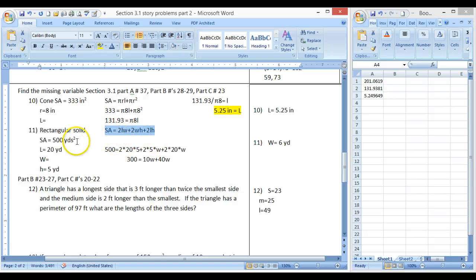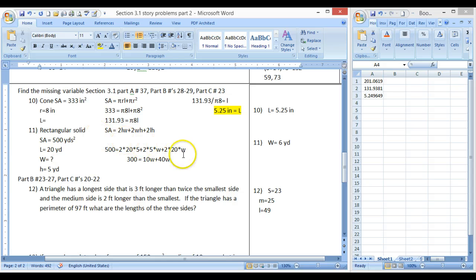I was also given the length of 20 yards and a height of 5 yards. The missing variable is the width, so that's what we're looking for.